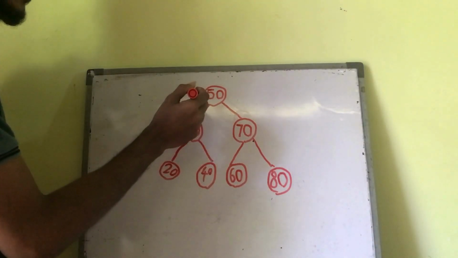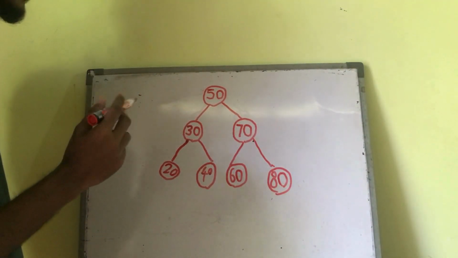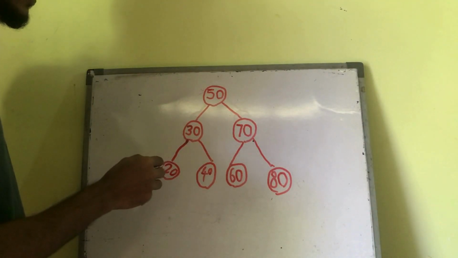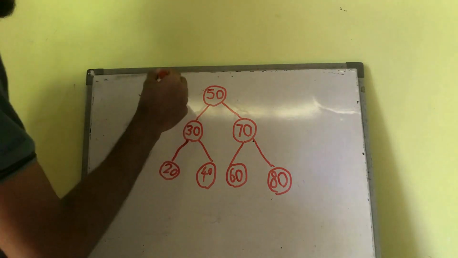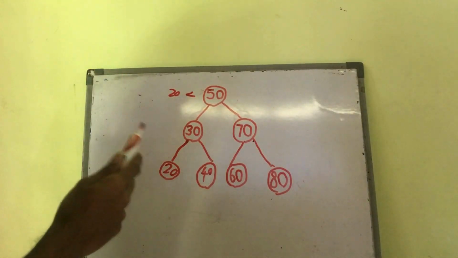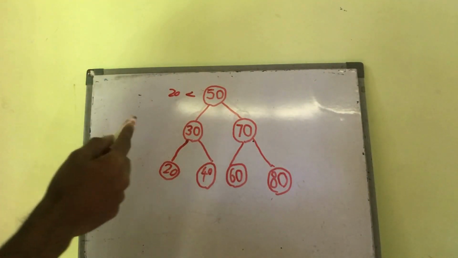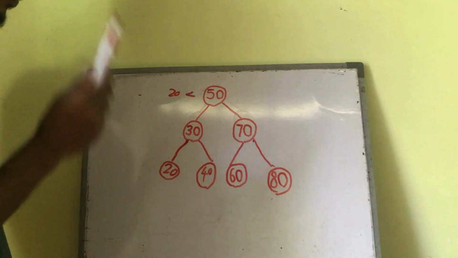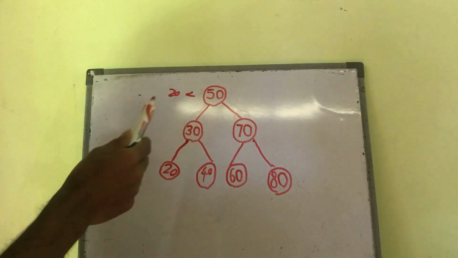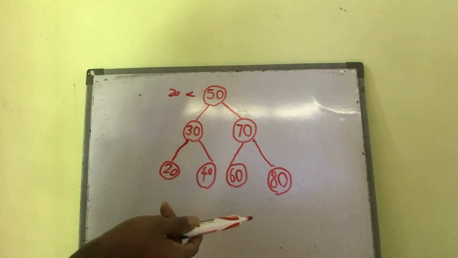Using the rules of the BST structure we discussed previously, the first rule is that lesser elements are always on the left side, and greater elements are always on the right side.